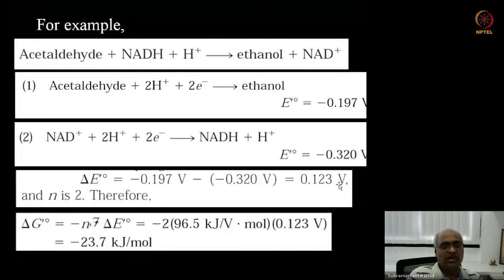When you now substitute in this equation connecting G and E, you get minus 23.7 kilojoules per mole. Joules per mole is the unit for this, and this is a negative free energy change, meaning this is favorable. This reaction will happen.